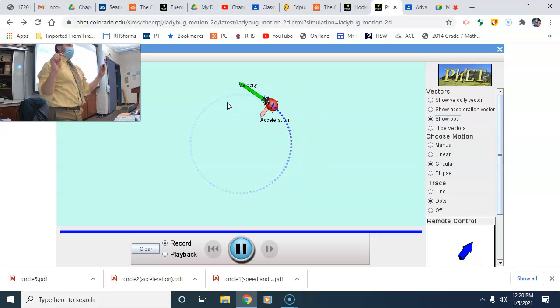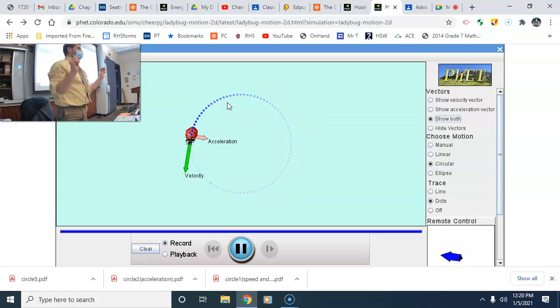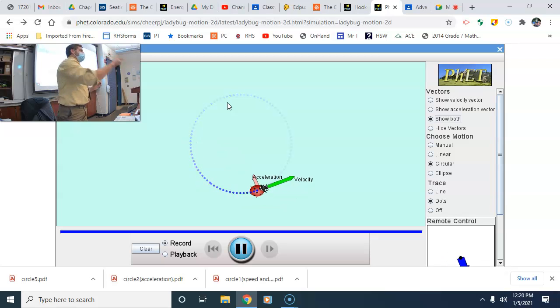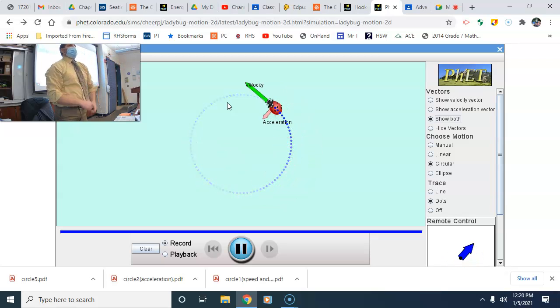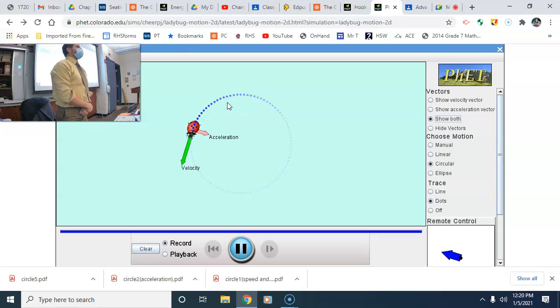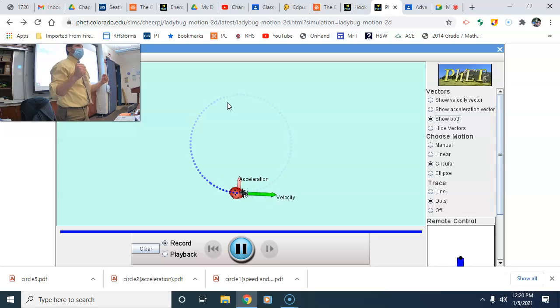Now, there's no string attached to you on that ride. So what is directly making you, if you're on a ride like that, go in a circle? Once you're going really fast, where do you feel the most pressure from on that ride? Did anybody ever ride that or something like it and try to lean forward?